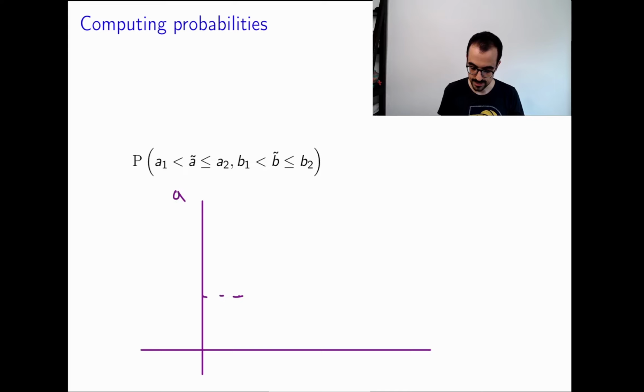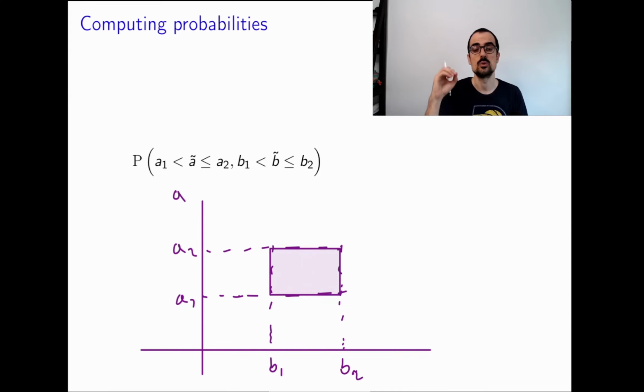So this is going to be A again, A1, A2, B1, B2. I want to know the probability that I am in this rectangle here, and I want to express that probability in terms of the joint CDF.